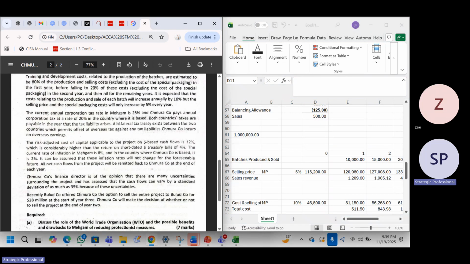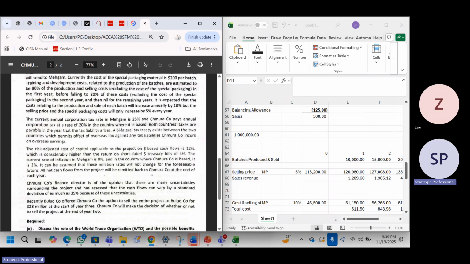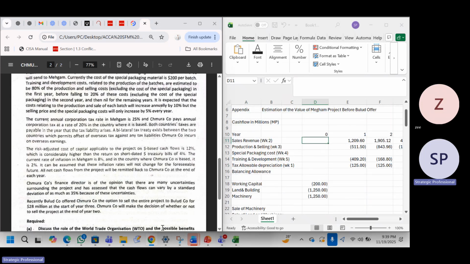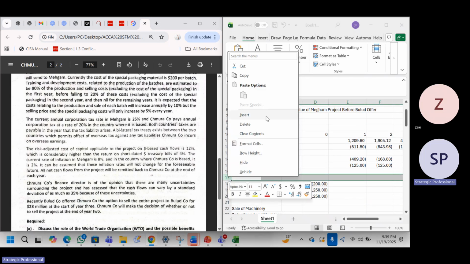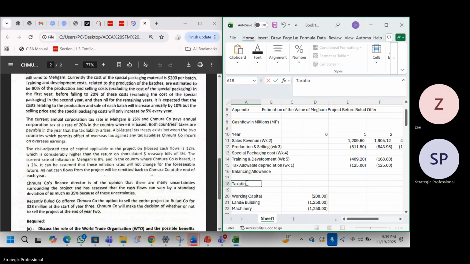They said the current annual corporation tax rate in Megam is 25%, and Chumra pays 20%. So it's Megam that we're concerned about. So it's the Megam rate that will come and plug in here. Let's create all the columns for that. So taxation, 25 percent. Let's just leave that here first.